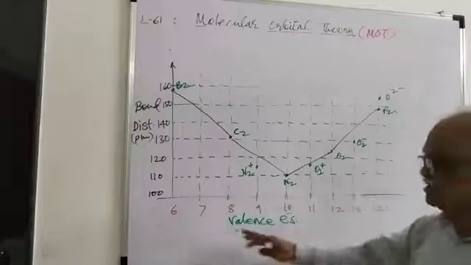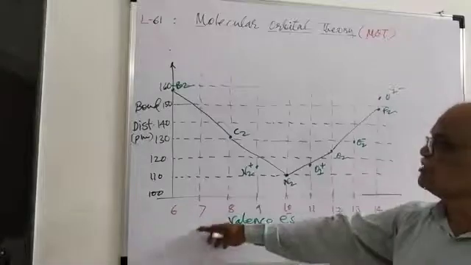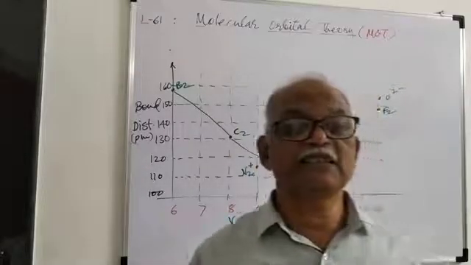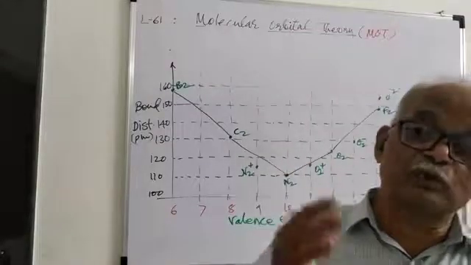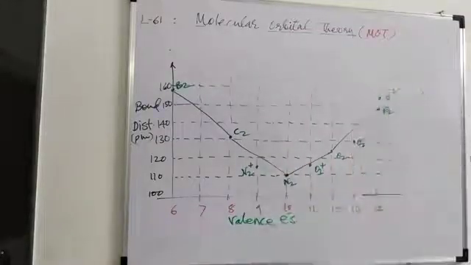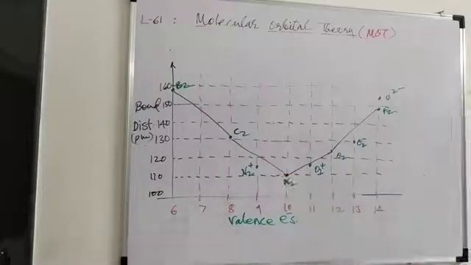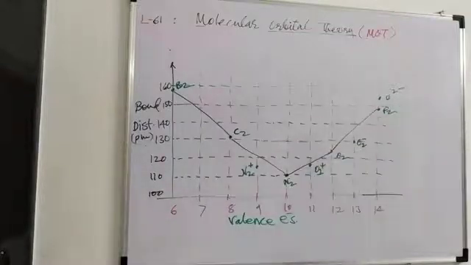Simultaneously you will find the effect of increasing nuclear charge. As we move from B2 to F2, there is increasing nuclear charge, so the electrons are pulled closer and closer. So the covalent radius, we will see in another graph, decreases from B2 to F2.